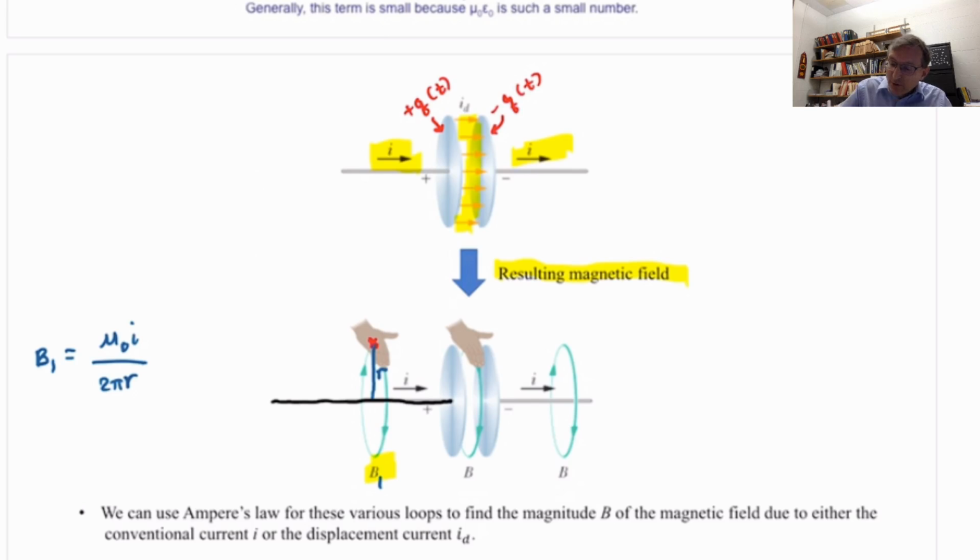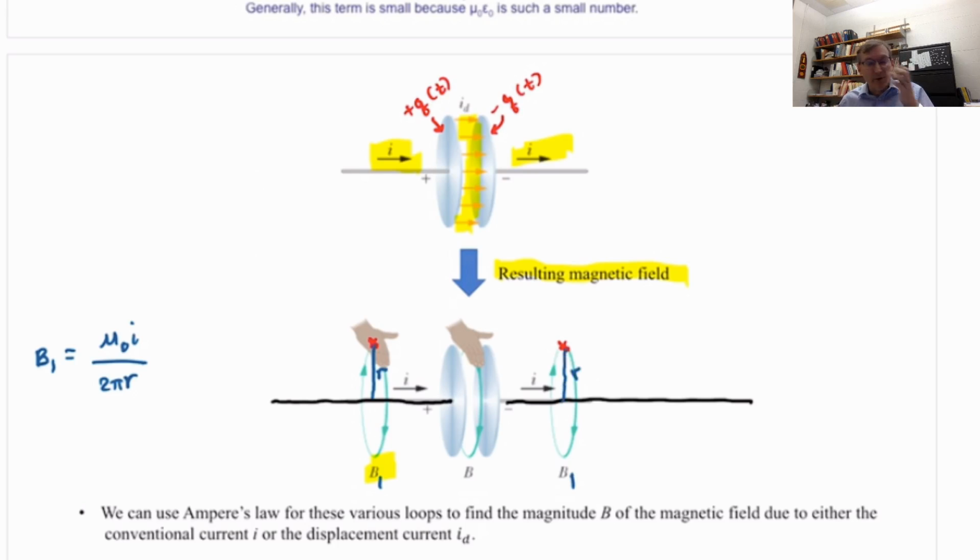And that is also true at this point over here. That's pretty far to the right of the capacitor. And over here I just have a long straight wire with conventional current to the right. And so I get the same B, B1, mu 0 I over 2 pi r. Okay?